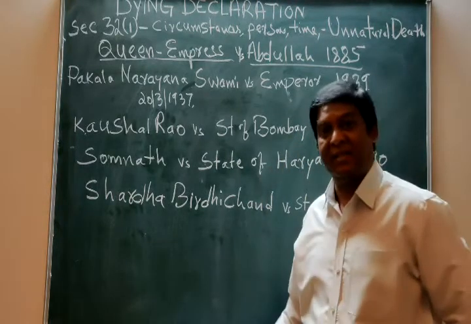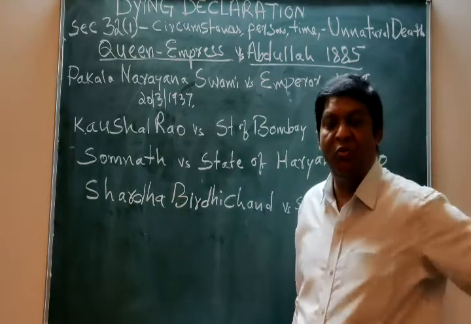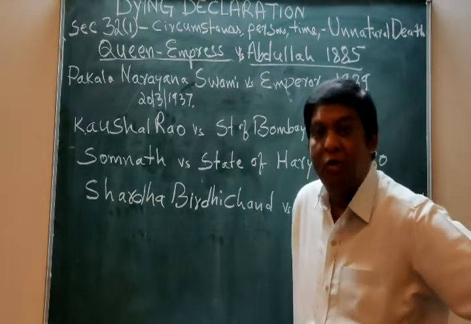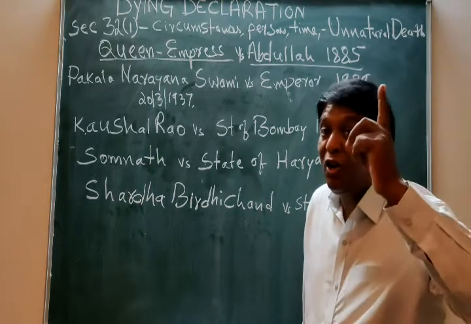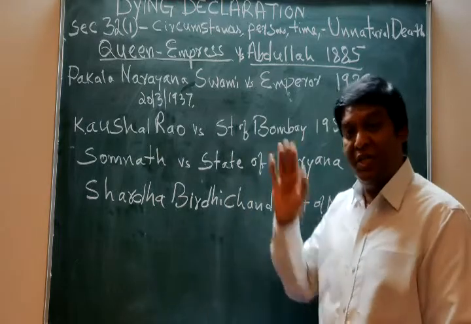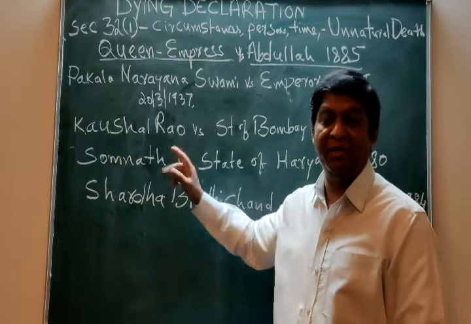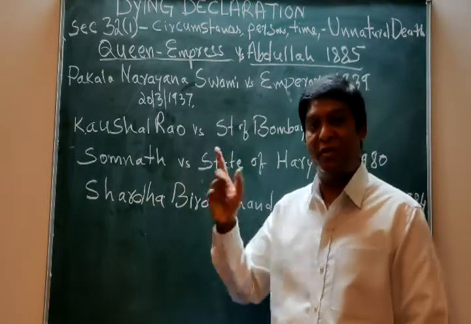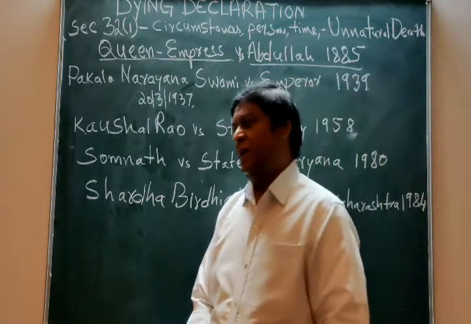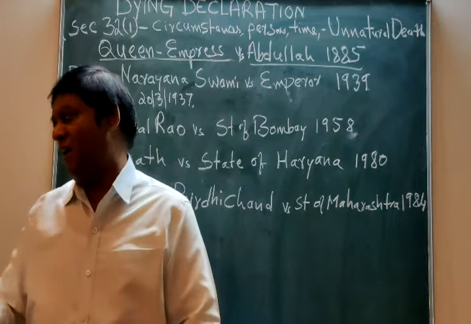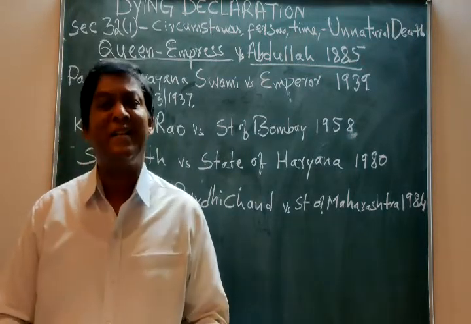The trial was conducted and the dying declaration was accepted in the lower court as valid. But criminal law advocates are always interested to save their clients, so they took the benefit here. When it came to the Supreme Court, they said the names Kushal Rao and Telli are very ordinary names.